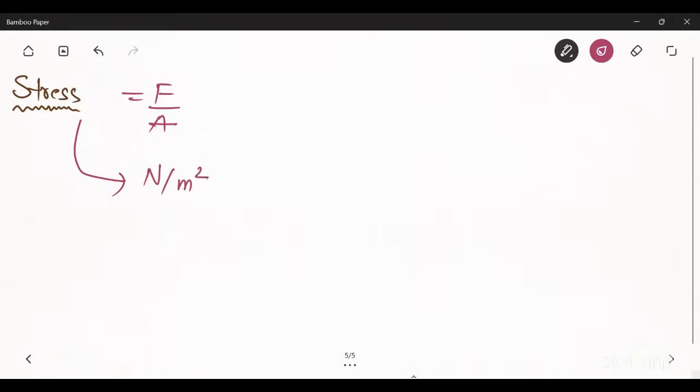The CGS unit is dyne per centimeter square, and the dimensional formula is M L minus 1 T minus 2.